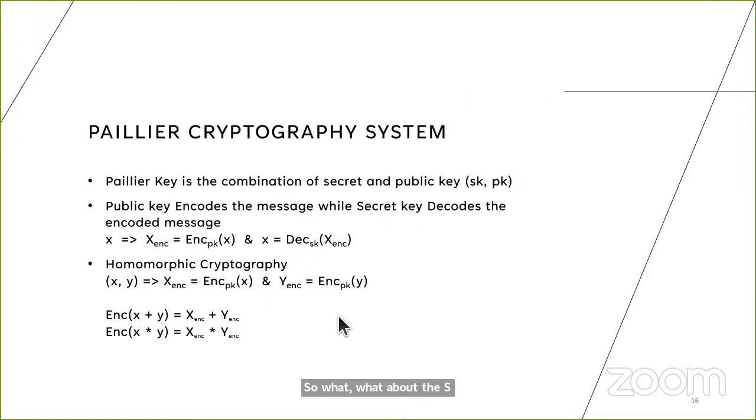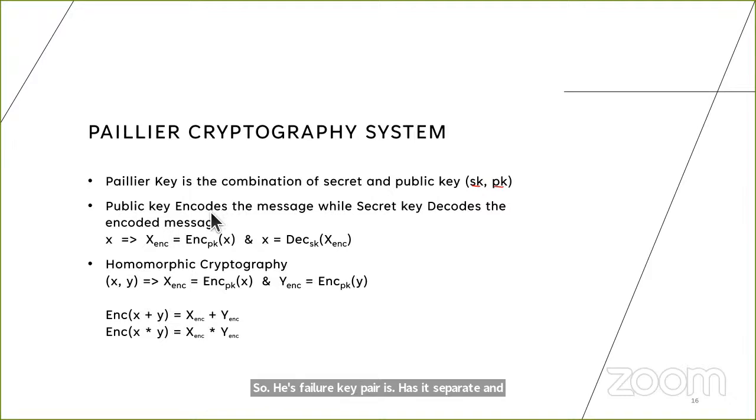Before we go further to the next step and computing the S parameter, there is a very important cryptography system that we need to know, and it is the Paillier cryptosystem. A Paillier key is the combination of a secret key and a public key. So each Paillier key pair has a secret and a public key.